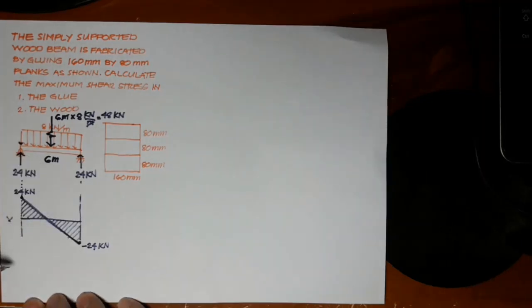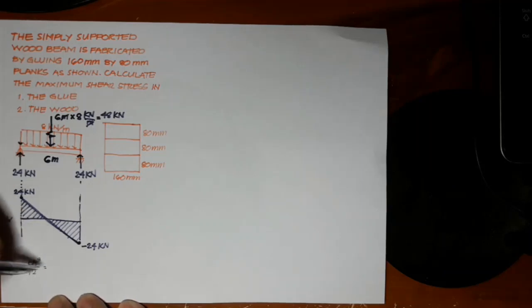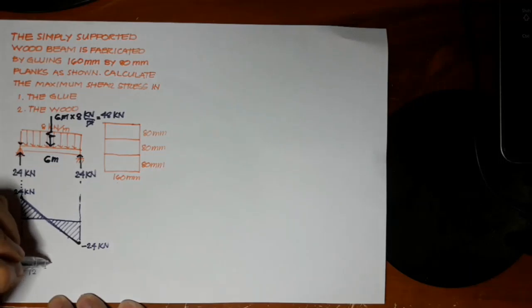Next, we compute the value of the moment of inertia, or I. For rectangular sections, I has the formula BH cubed over 12. B is equal to 160 mm.